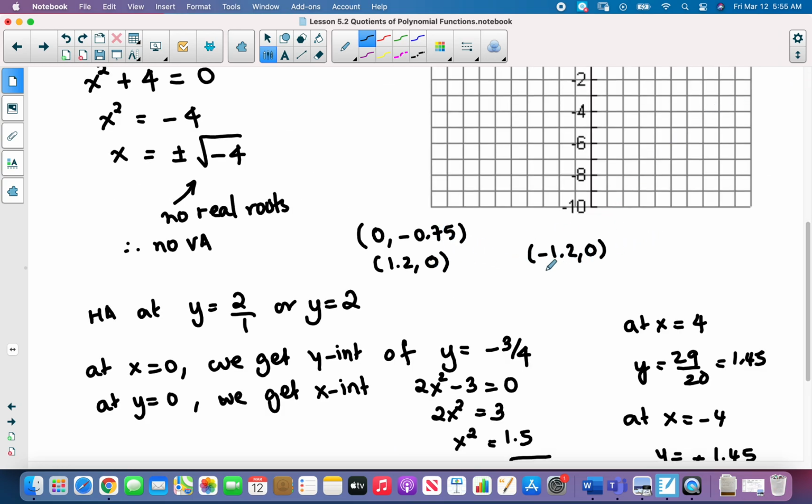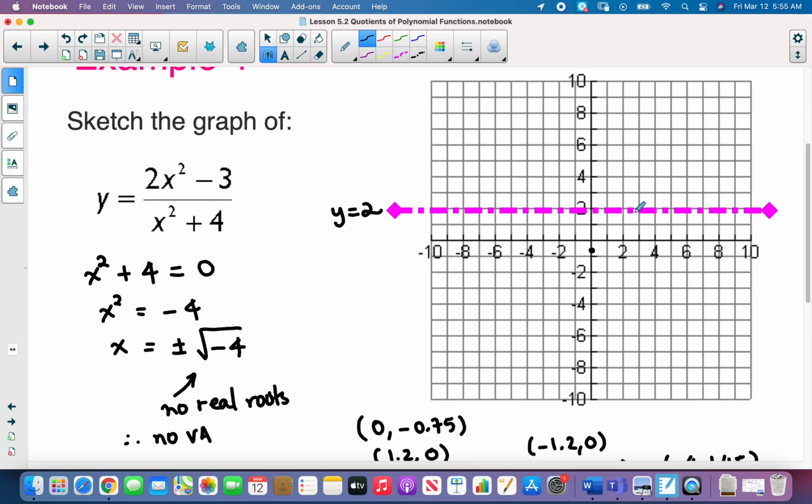So this one, and the one we just got, which is 4 and 1.45 and negative 4 and 1.45. So we could just take those points to get an idea of what this looks like.